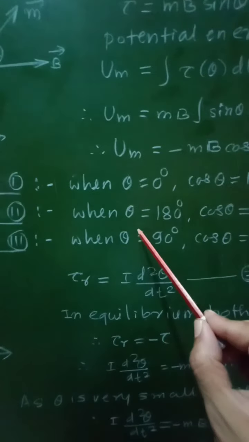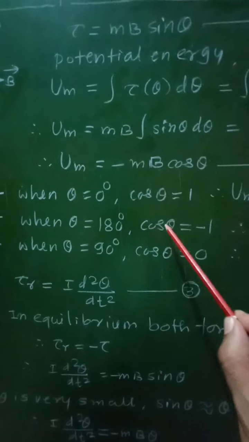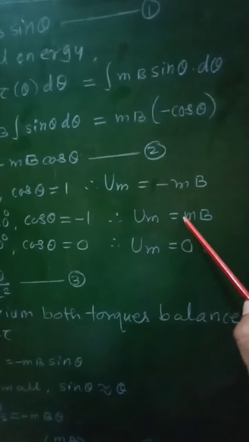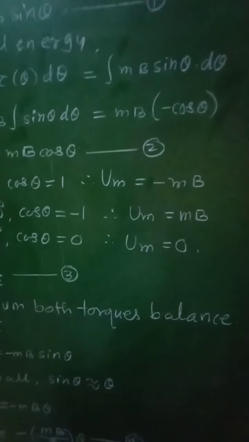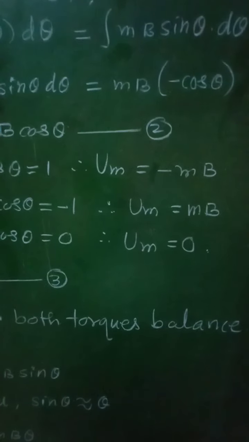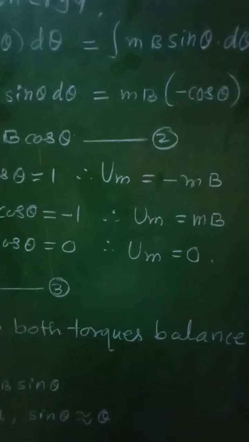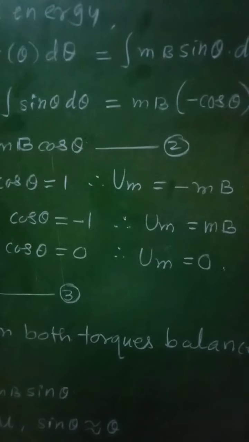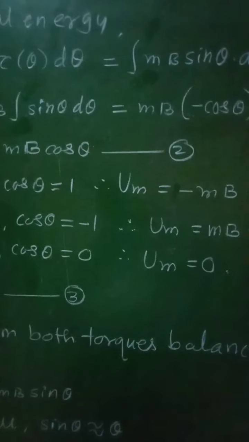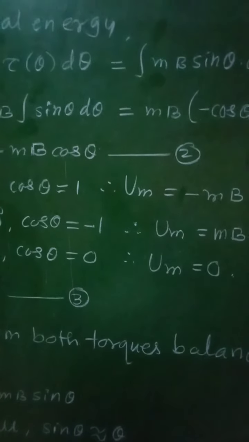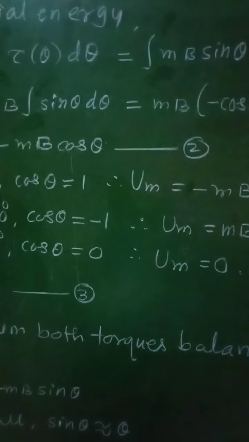Now let us see the second case. When theta is equal to 180 degrees, cos theta, that is cos 180, will be equal to minus 1, and U will be equal to plus mB. Now as it is plus, it will represent maximum magnetic potential energy, and therefore for this case we can say that this is the position when m and B are anti-parallel and the bar magnet will possess maximum potential energy and is in the most unstable state.